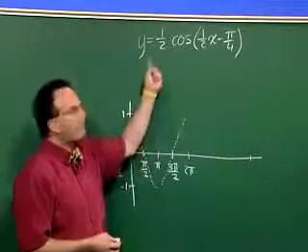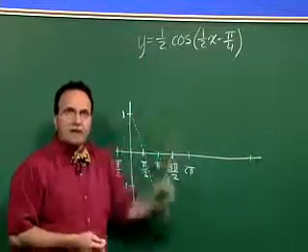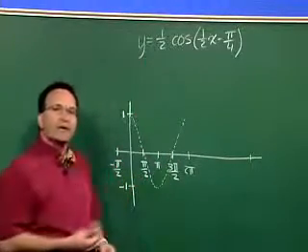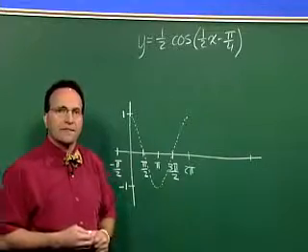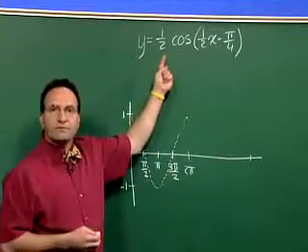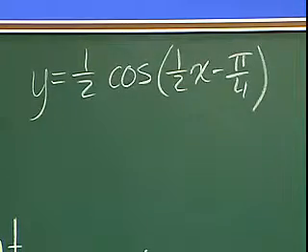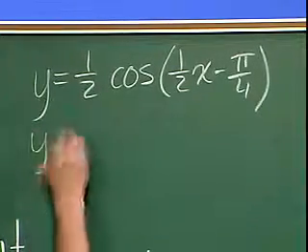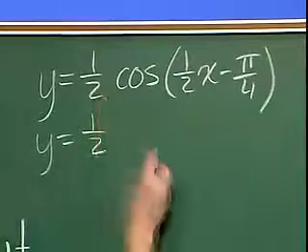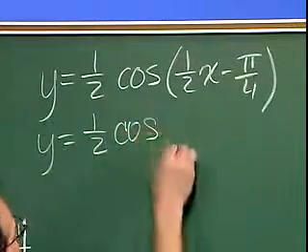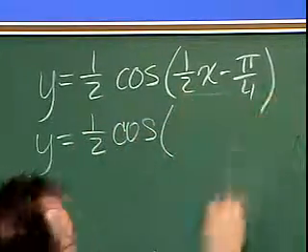So here I have the equation, and I've also drawn one period of just cosine x. I want to look at the equation first because I need to manipulate this a little bit to put it in proper form. So I write y equals the 1/2 is okay, cosine is okay, but it's this that I need to change.